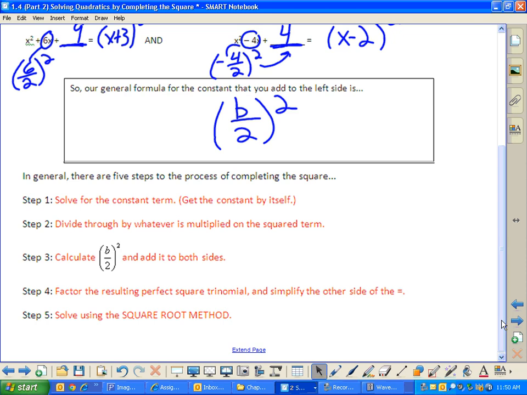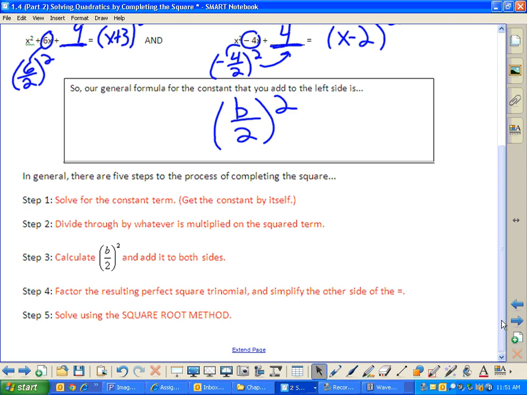But these are the 5 steps we're going to do. Step 1. We solve for the constant term. In plain old English, you move your constant to be by itself on one side of the equal sign. Step 2. We don't do that until tomorrow. It's not necessary in the problems you see today in class or tonight on your homework. Step 2, you're going to divide through by whatever is multiplied on the squared term.